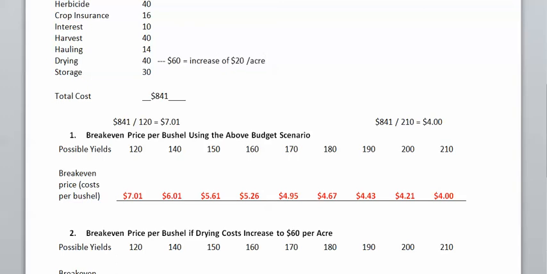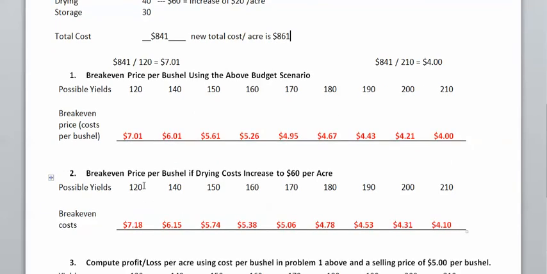So the easy way to do this, we're just gonna add 20 bucks to this 841. So our new total cost per acre is 861. So now we do our break even, or our cost per bushel. Instead of dividing 841 by our bushels, we divide 861 by bushels.